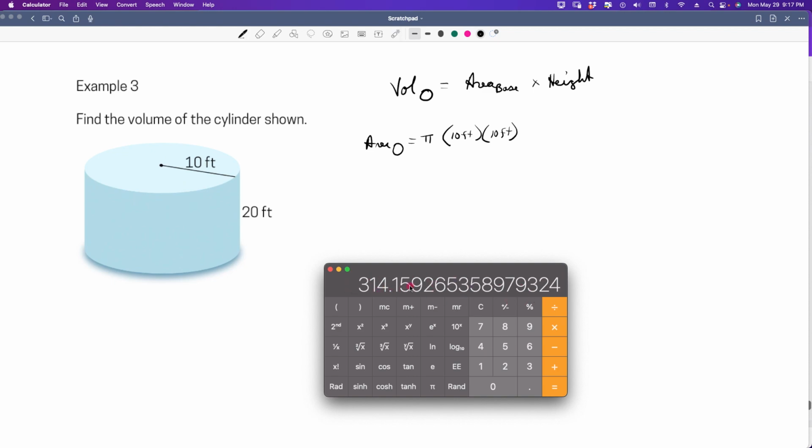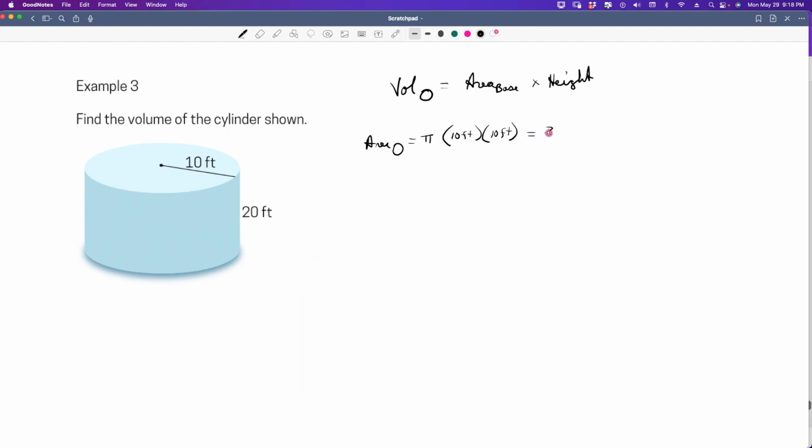Now, I am not going to stop there. This is my area. I need to go on to volume, but I am going to just write this in. I'm going to round it to 2 decimal places. So equals 314.16. Now remember, if we had just used 3.14 for pi, we would just have 314.